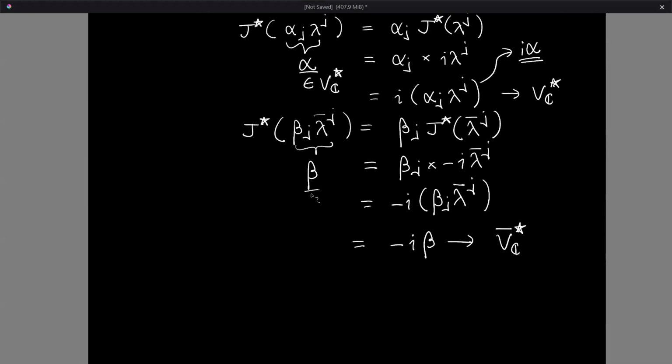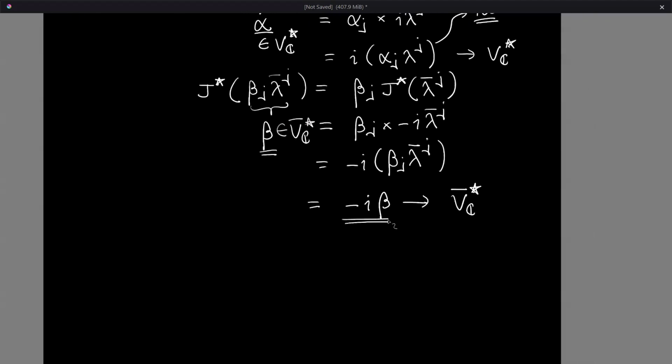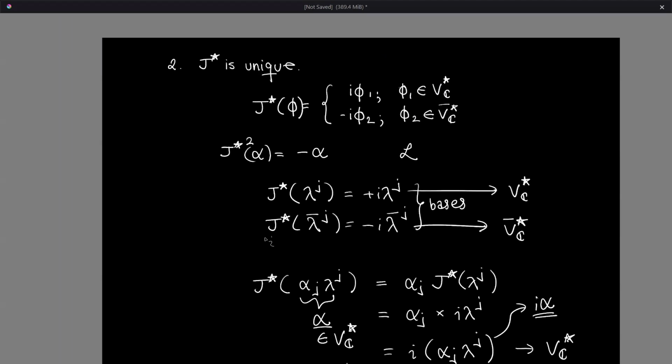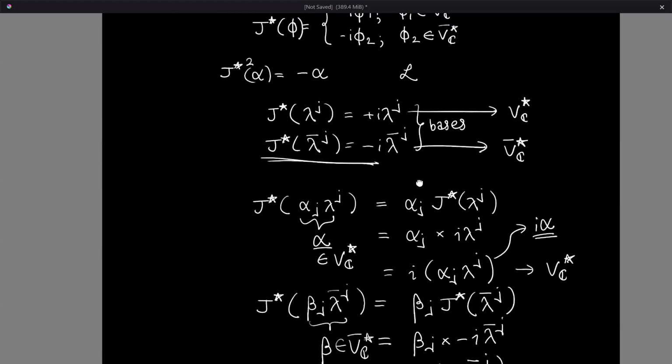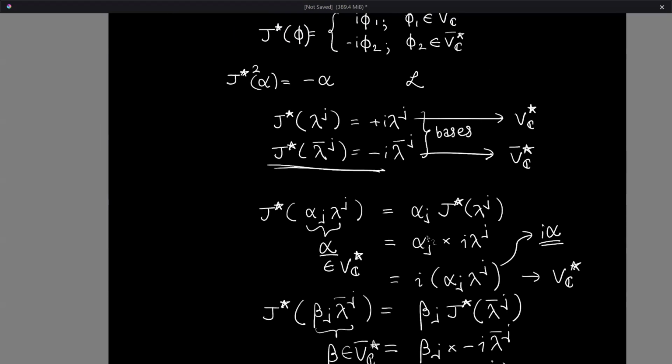And as long as beta is an element of VC star bar, its action is minus I beta. That's necessitated by the fact that this is an eigenbasis. And because VC star and VC star bar always exist, and their bases are always these bases because they are the eigenspaces of J star, these are necessarily true.